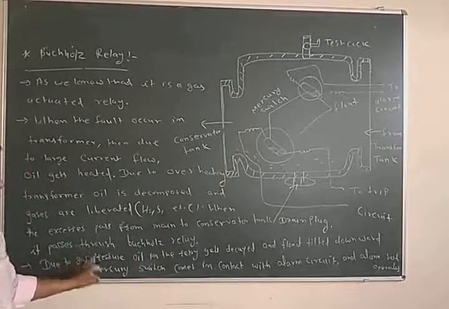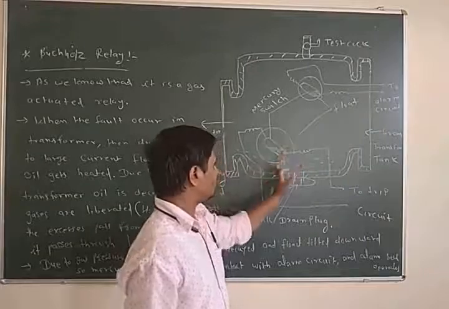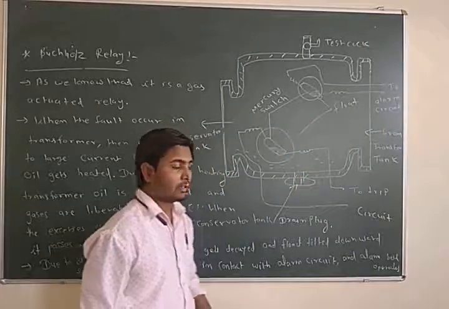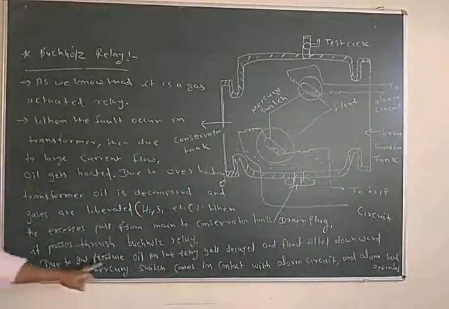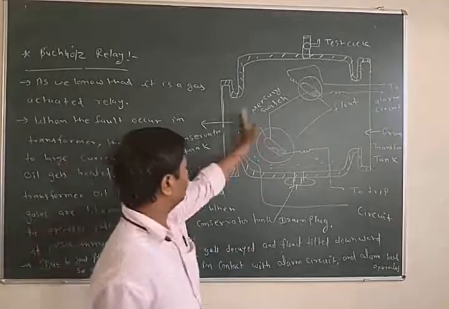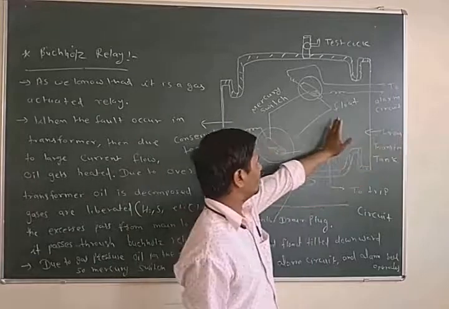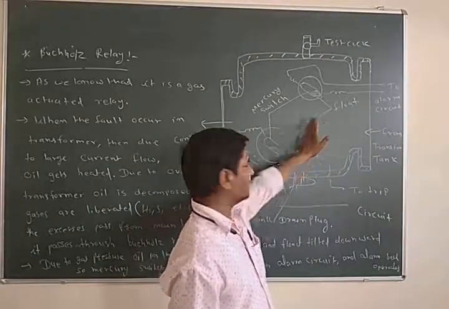In the Buchholz relay there are two mercury switches which are installed in two floats. Due to the gas pressure, the oil in the relay gets decayed when gas passes from the main tank to the relay and then to the conservator tank.